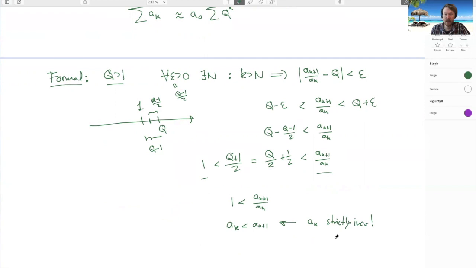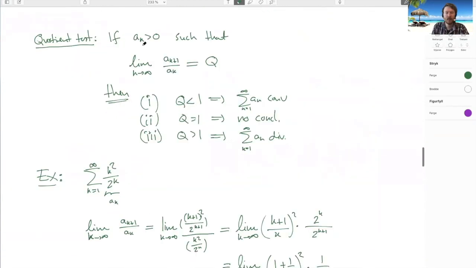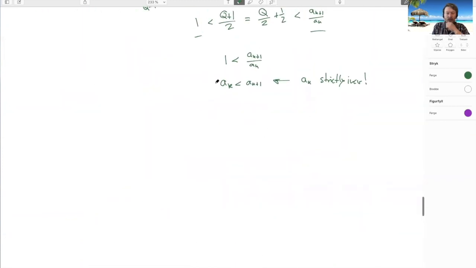Notice in my assumption here that all my a_k's are strictly bigger than 0. So this thing here is definitely bigger than a_0, which is strictly bigger than 0. But this means here that I have 0, here I have a_0 somewhere, and all my a_k's will be here, strictly increasing.